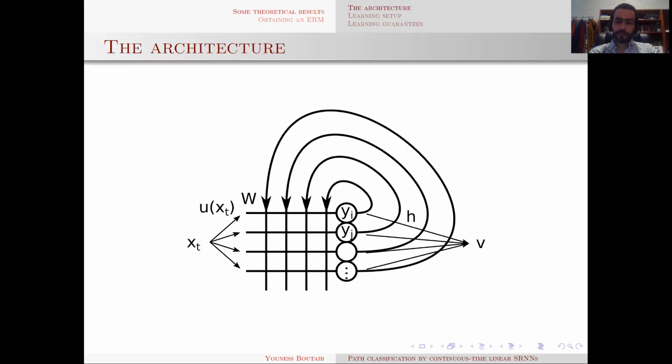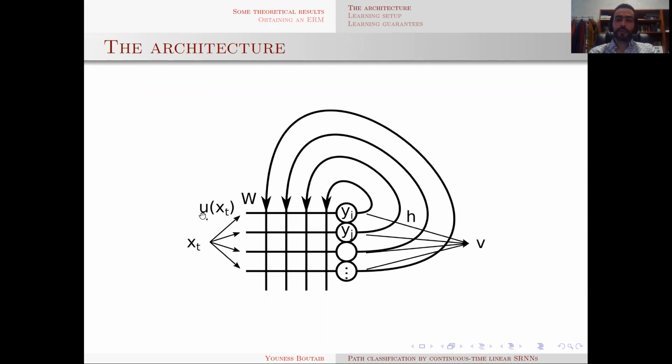So in this project, we're trying to classify time series or time-dependent paths using a recurrent architecture. So we have a signal x_t that lives in a vector space of dimension, let's say d, and we have a recurrent neural network which is of dimension, let's say n.